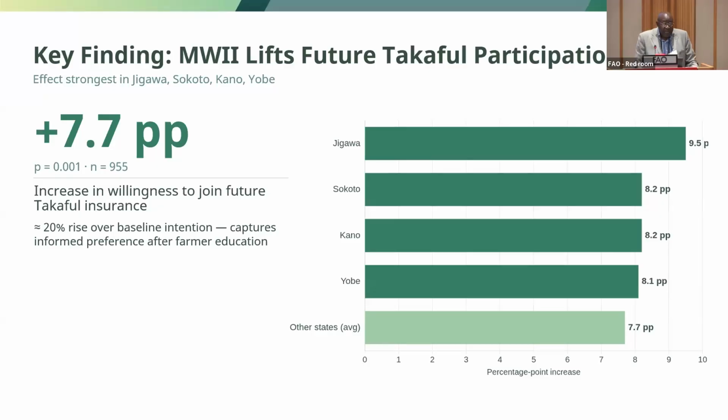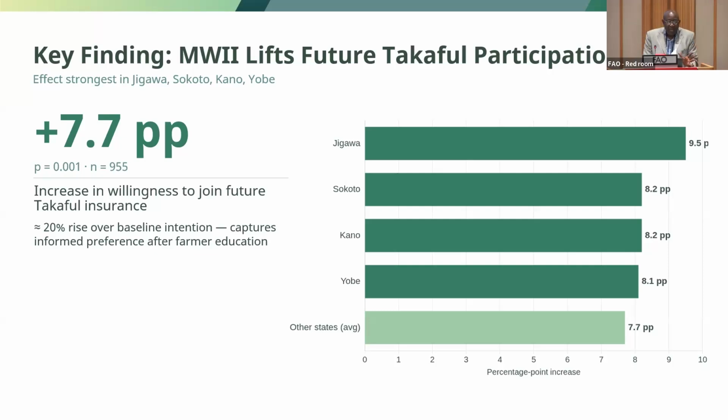Now, the key finding we had was that mutual weather index insurance lifts future TACAFO participation. For example, we found that the mutual weather insurance had a 7.7 percentage point increase in the number of participants in the mutual weather insurance group that are willing to take part in future mutual weather index insurance.